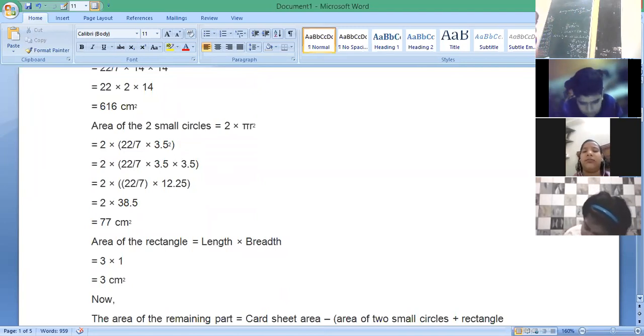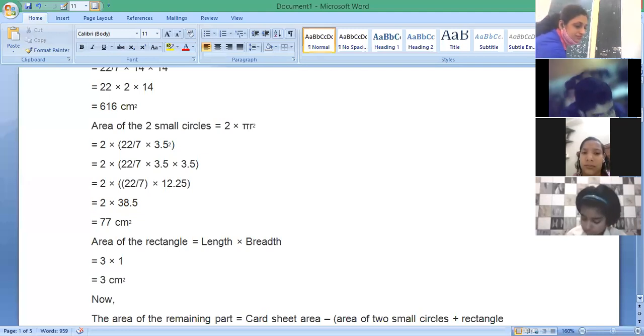Now we have to find the area of the remaining part. The area of the whole circle was 616.